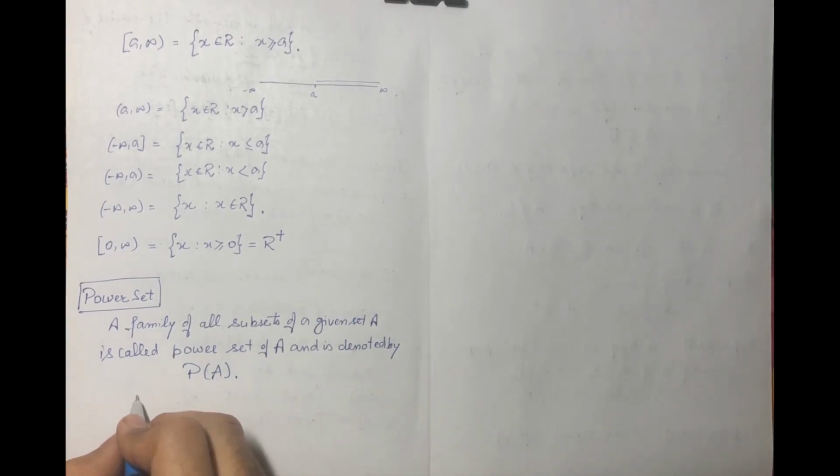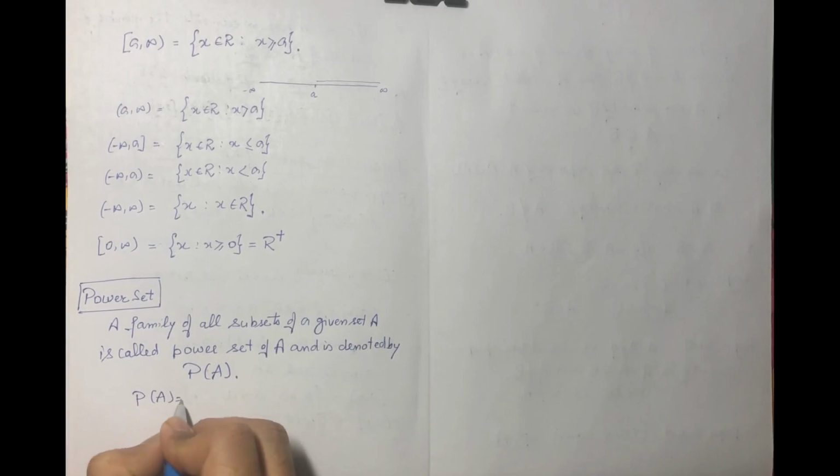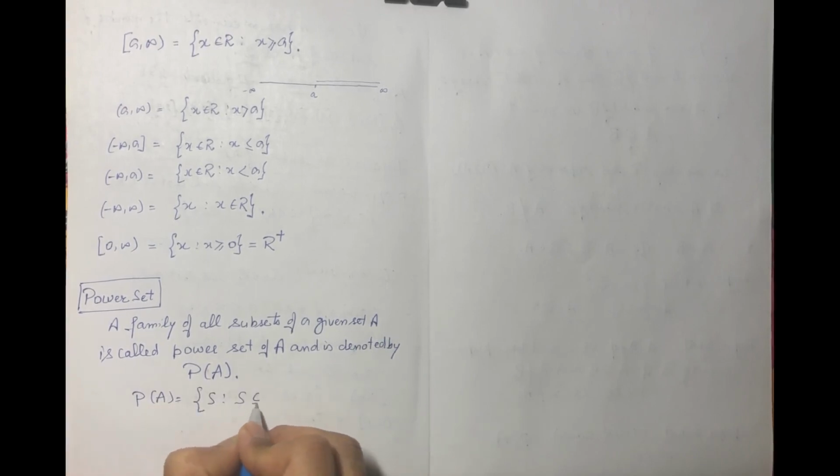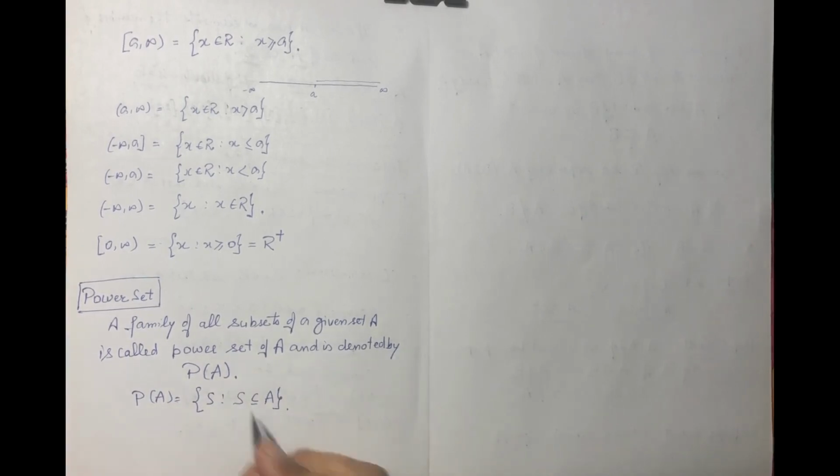So syntax is, what is P(A) then? All those sets which are subset of A. This is set builder form definition. And we already seen previously how many subsets are there for a set.